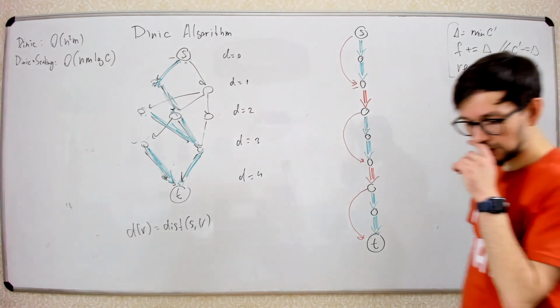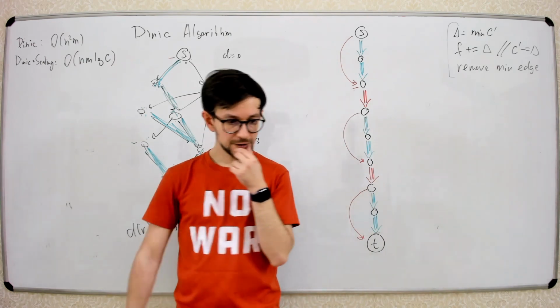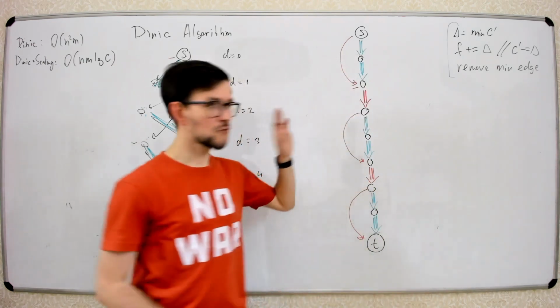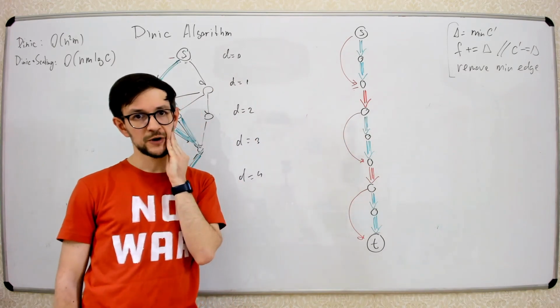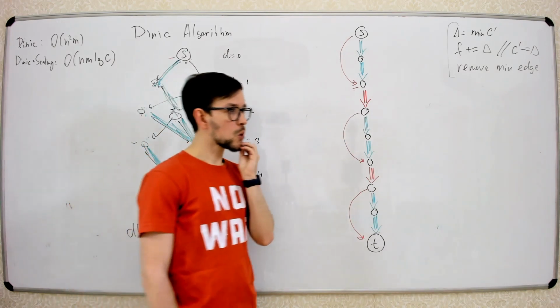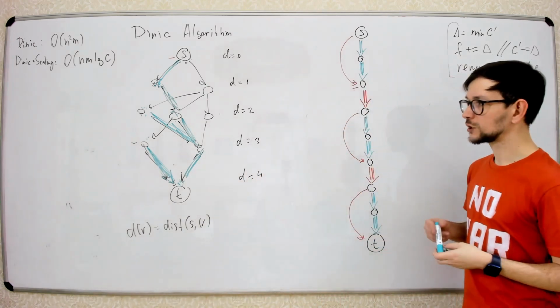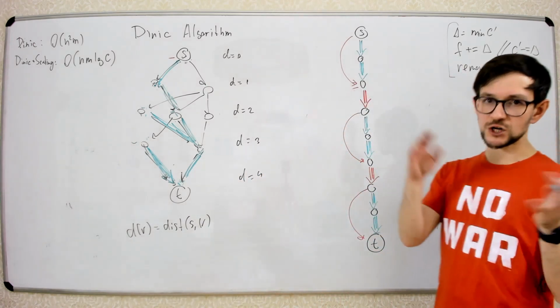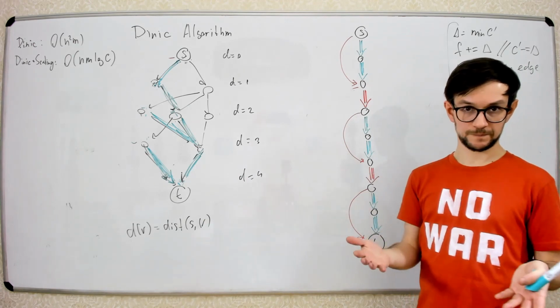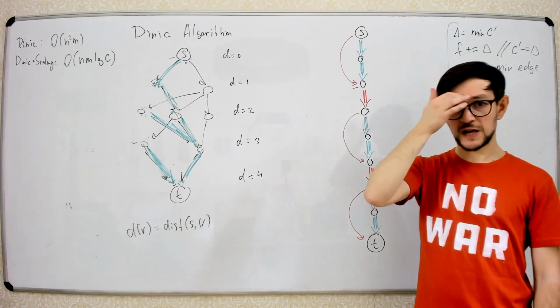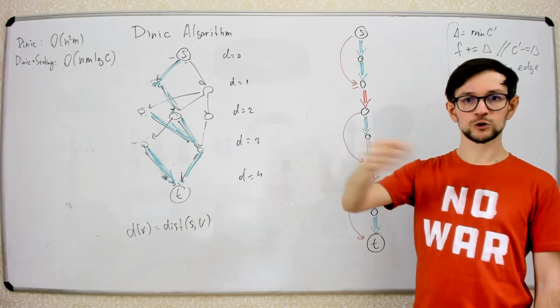Now, let's see. If we keep track of all edges used in the previous shortest paths, what are these edges actually forming? What is the structure of all these marked edges? Well, for each node, there may be at most one outgoing marked edge.